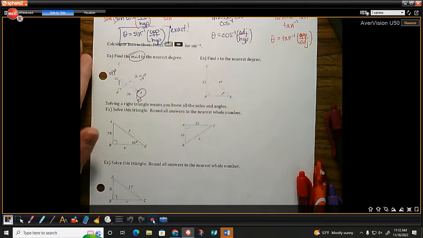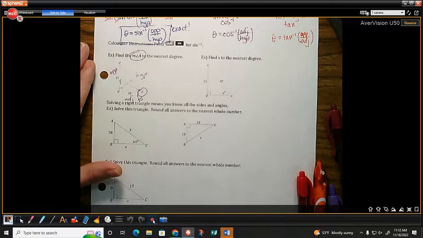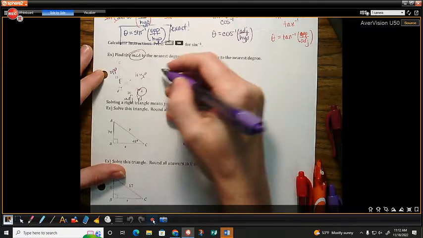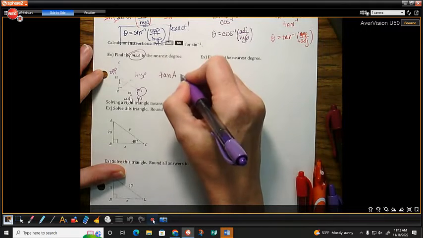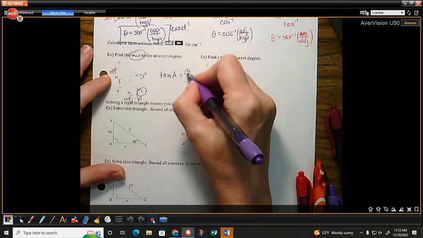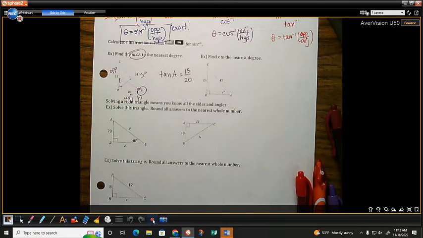No, I don't know how long my hypotenuse is. Could I solve and find the hypotenuse? Yes, you could. But do I want to do extra work? No. Absolutely not, I'm lazy. So what if I just use this adjacent guy I already had? I know that tangent of my angle is going to be my opposite over my adjacent. I don't know what my angle is though.